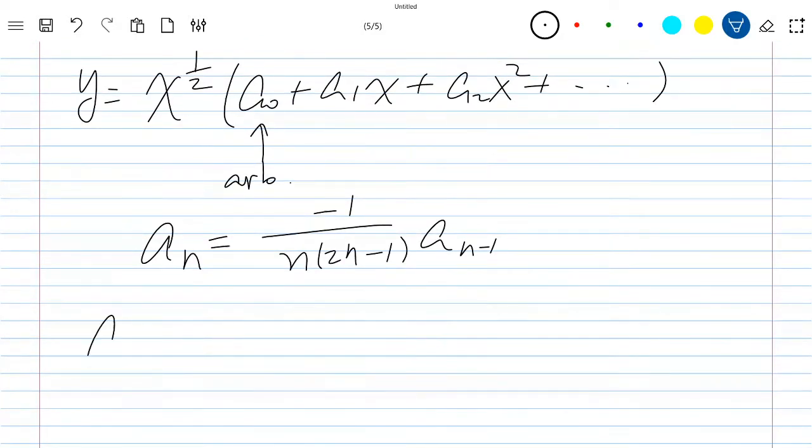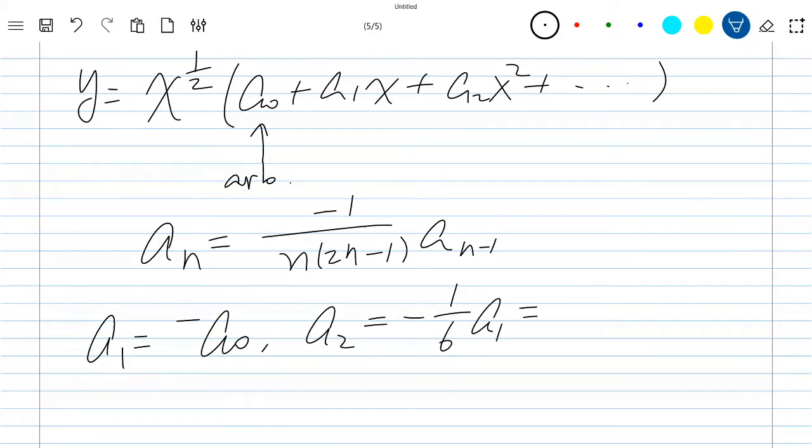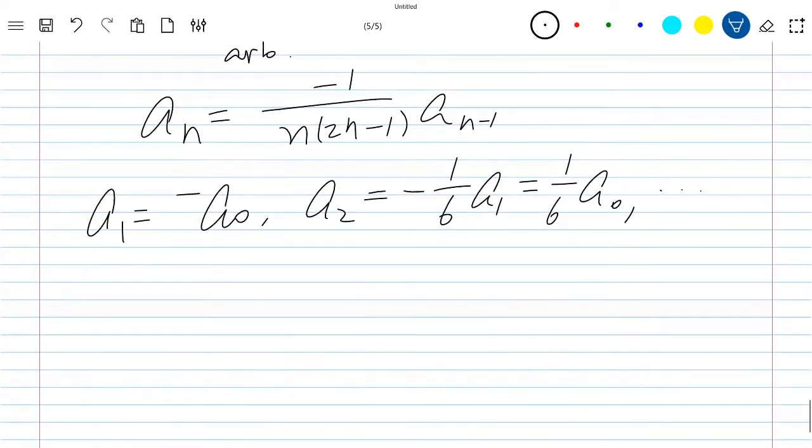Alright, let's see what is a1. You plug in n equals 1, you get negative 1 over, this is 1 times 1, so it's just 1. So negative a0. And plug in n equals 2, then 2 times 3, so it's negative 1/6 a1, so it's a negative 1, sorry, positive 1/6 a0, and etc. And you can see the denominator will always be positive.